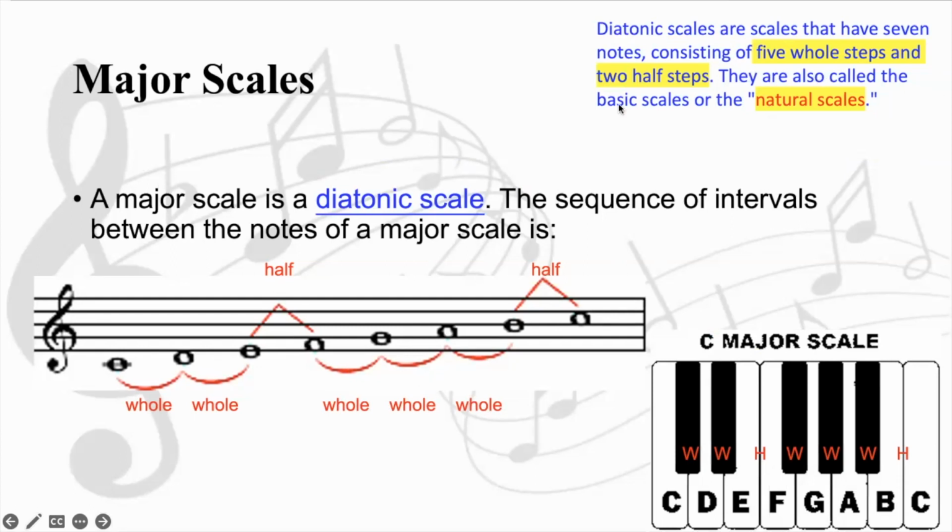They are also called the basic scales or the natural scales. So when we are talking about major scales, we are talking about these natural scales. The formation will be whole step, half step, whole step, whole step, whole step, and half step. So that's the formation of a major scale.